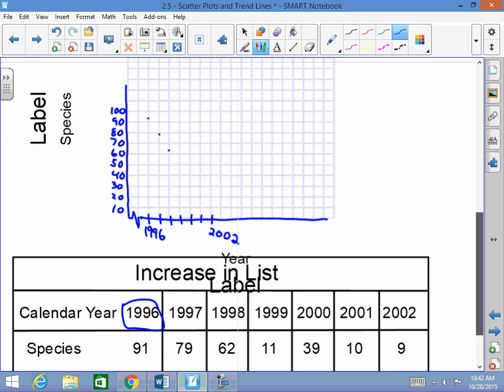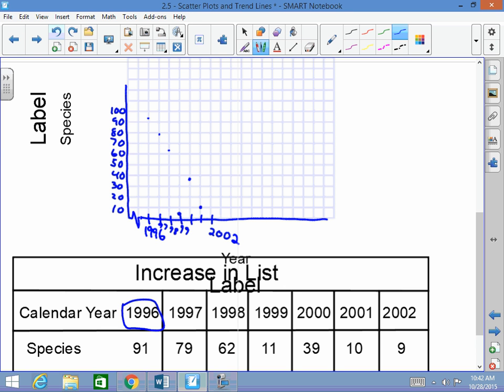So 96, 97, 98, 99. So in 99, I had 11, which is about like here. Oh, 99, about here. 2000, I had 39. It's about here. And then 2002, no, 2001, I had 10.